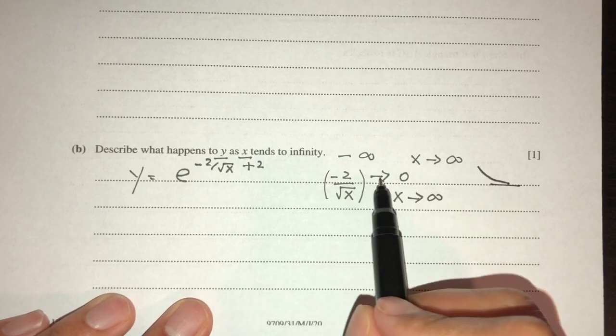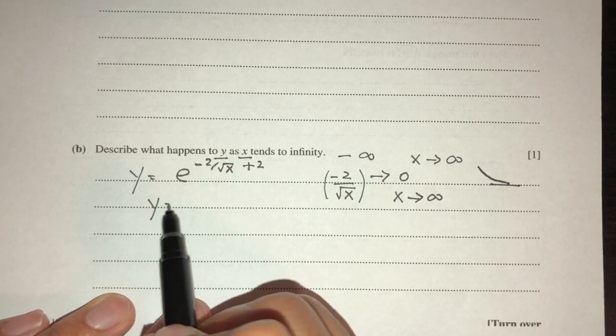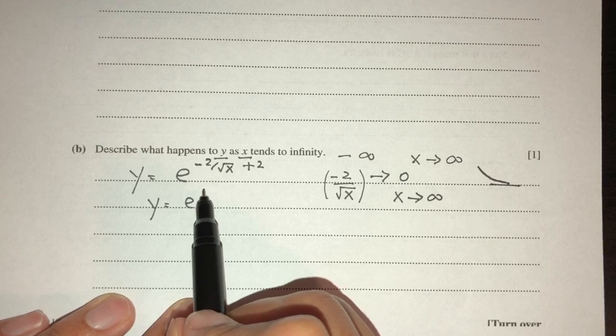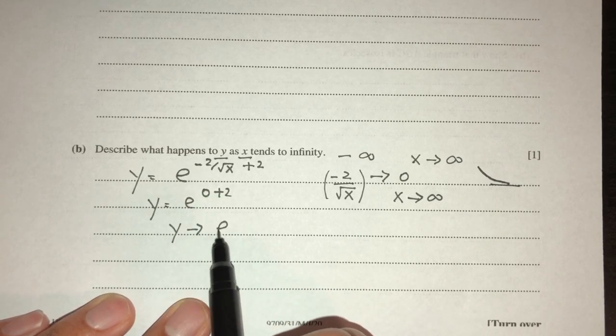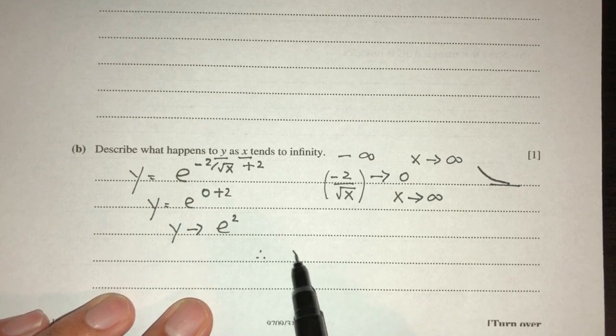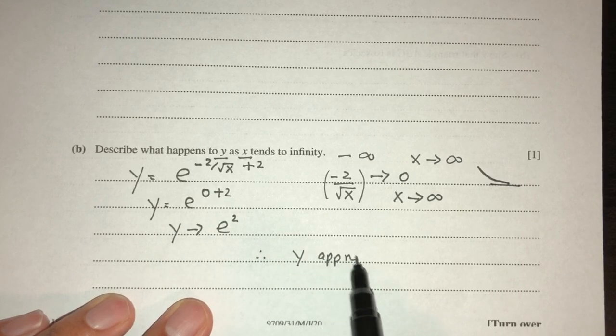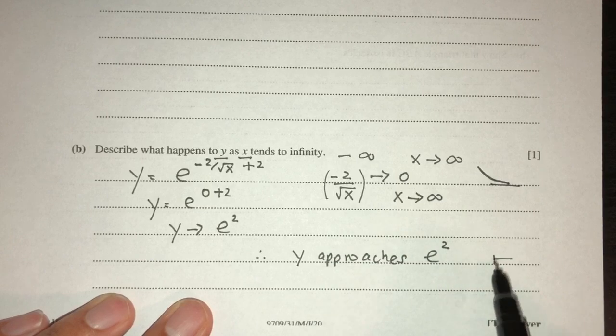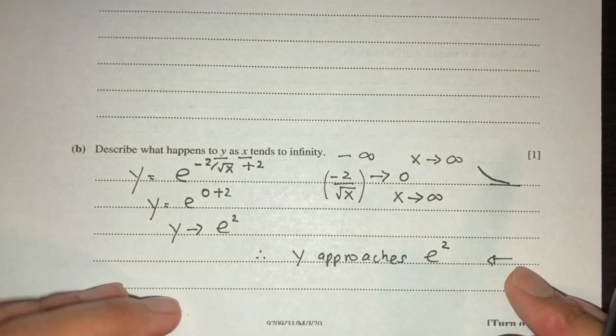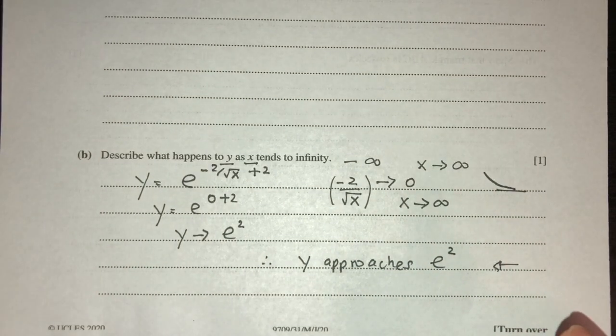So this will become 0, and that will be 0 plus 2. Y approaches the value of exponential of 2. So you can write y approaches e squared. And that will be your answer for part B. And that is your question number 8.